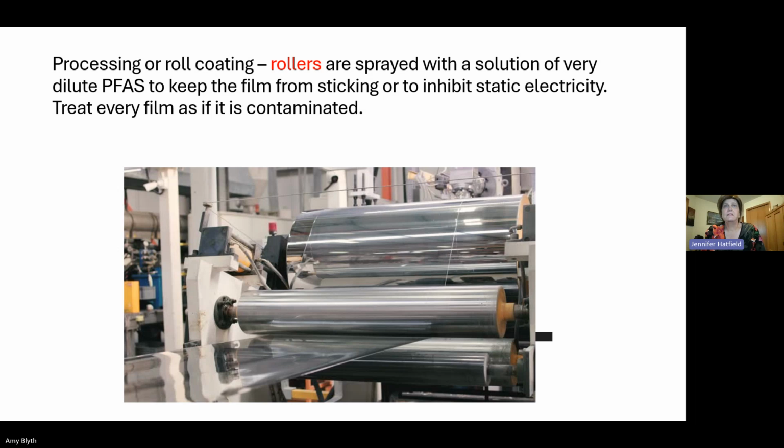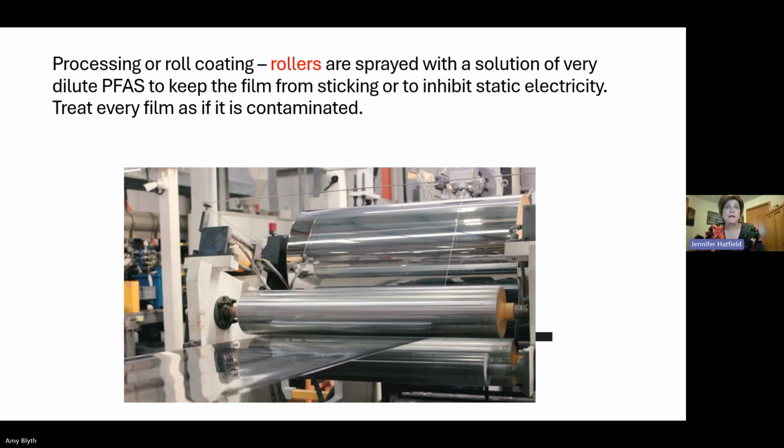There's other operations, just moving this stuff around, bagging it. So treat every film you see, whether it's an aluminum foil or a plastic saran wrap or a bag, those plastic sacks, treat them as contaminated because they probably are.